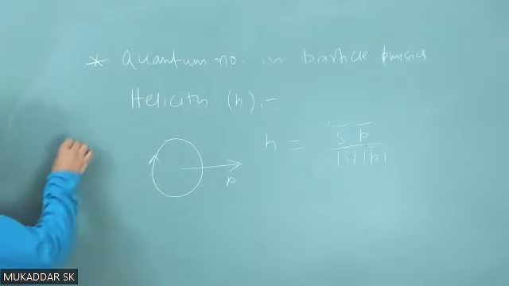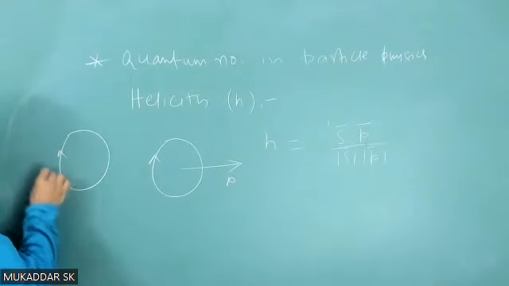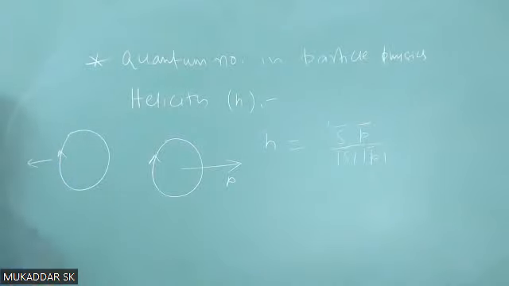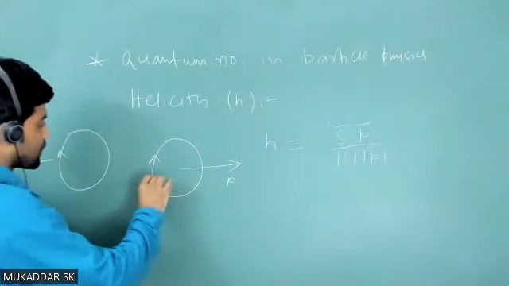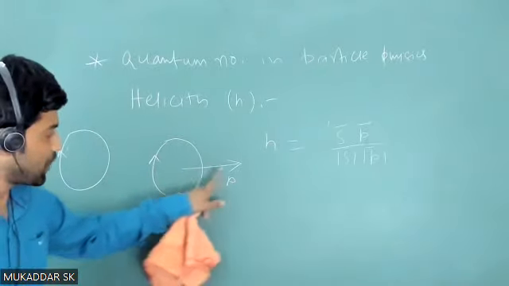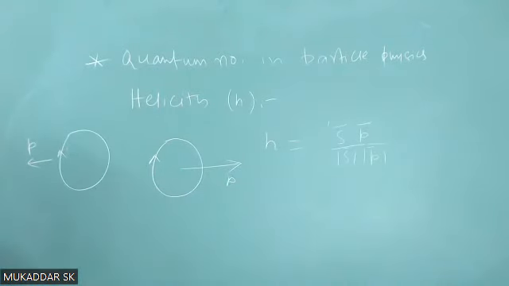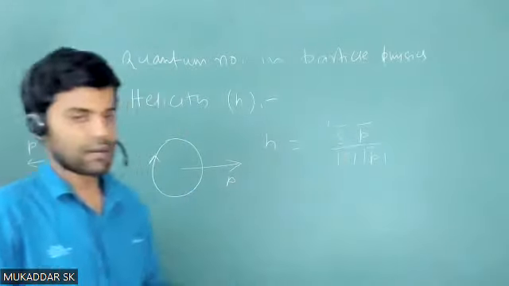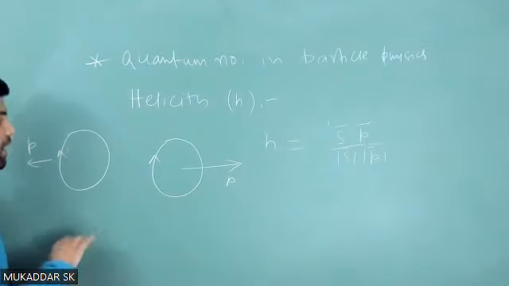So I am taking two different situations. Suppose the spinning of the particle is in this way, and the direction of momentum or direction of the flight of this particle is along this direction. So can you tell me what will be the angle between S and P here? कितना है? Pi. It will be pi, right? Just you have to use the right hand rule.